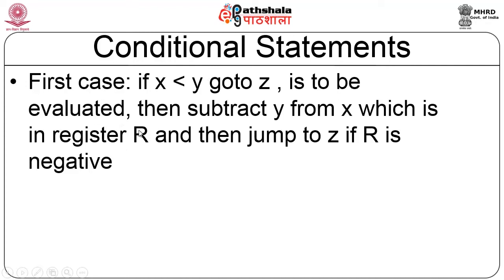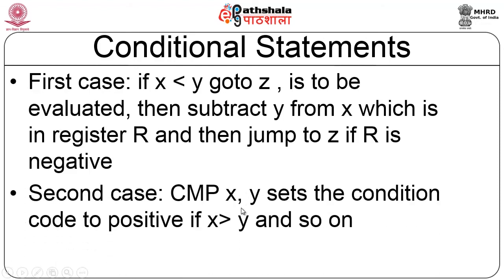If this is to be evaluated, then what we do is we subtract y from x, and that will be in a register R, and then you jump to the location z if R is negative, because we have done x minus y here. So if x is less than y, I have to look at jump on less than or jump on negative. Basically I have to go to z.